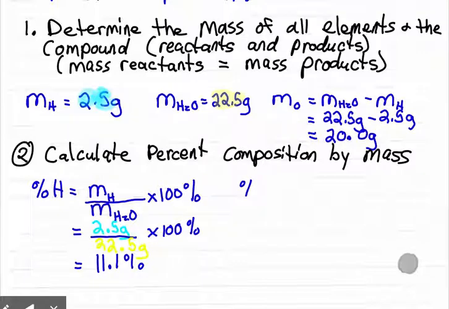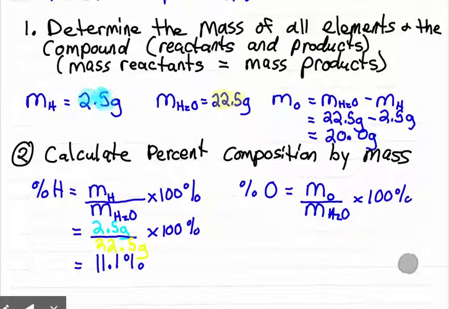Okay. And then we're going to do exactly the same thing for oxygen. But this time our formula is mass of oxygen divided by the mass of the water. And you have to put the oxygen and water in subscripts. And we're going to times it by 100%. So this is just the formula for percent. You take what you have divided by total amount. So we're going to go equals.